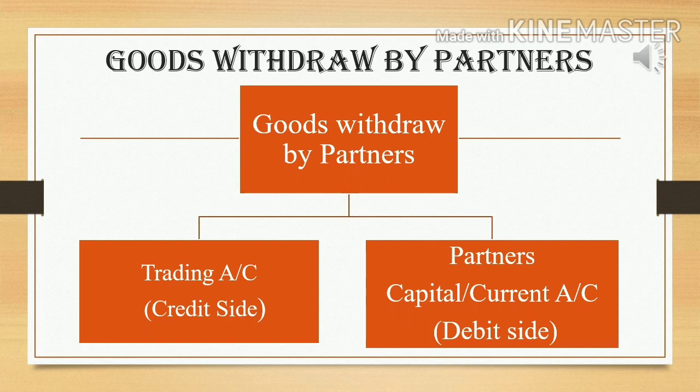Second, the partner's capital or current account will be debited, because this drawing is a kind of expense for the partner. So it will be recorded in the partner's current or capital account debit side. So what are the two effects of goods withdrawn by partners? Number 1, trading account credit side. Number 2, partner's capital or current account debit side.